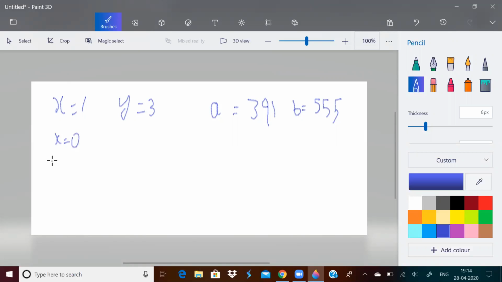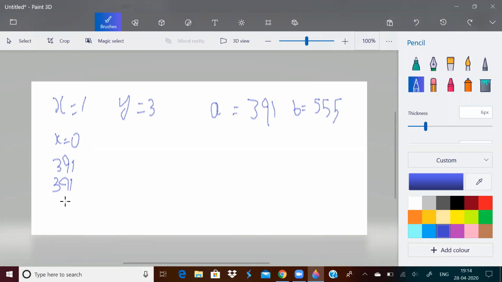In that way, I would have spent $391. Then to make y 0, I have to decrease it by 3, so I have to do this 3 more times.